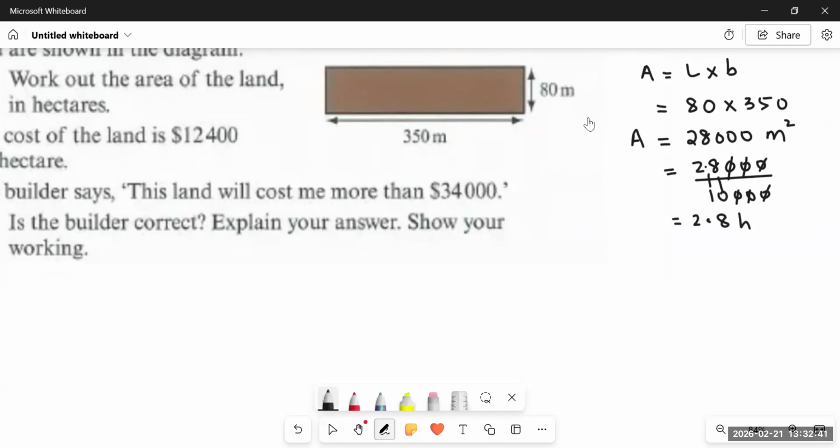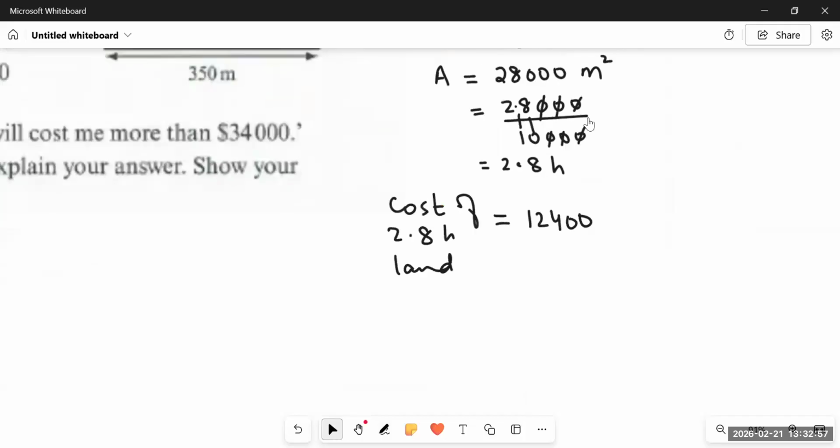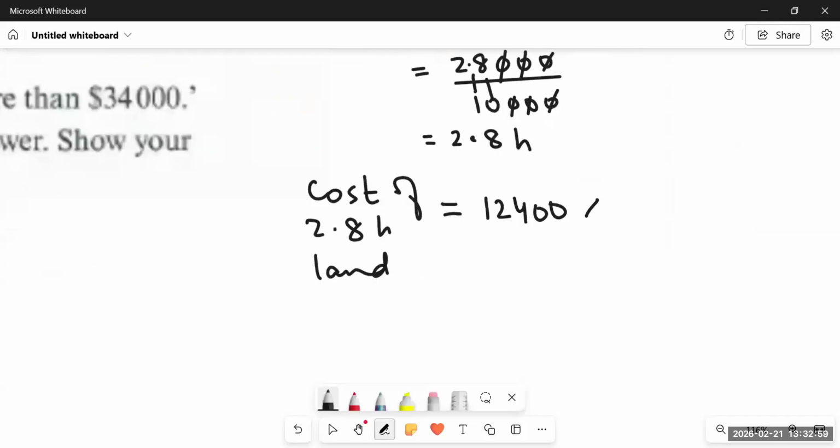Let us find out. 1 hectare costs 12,400, and we have 2.8 hectares, so we will multiply these two.